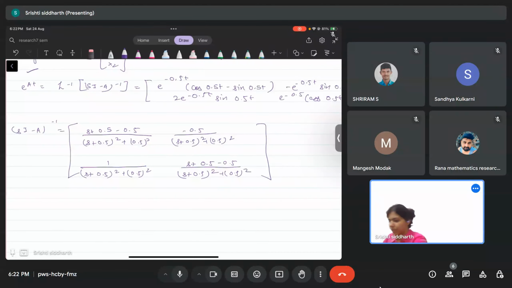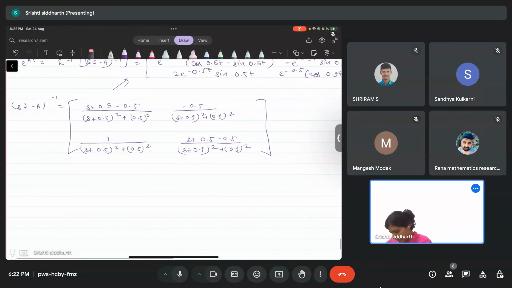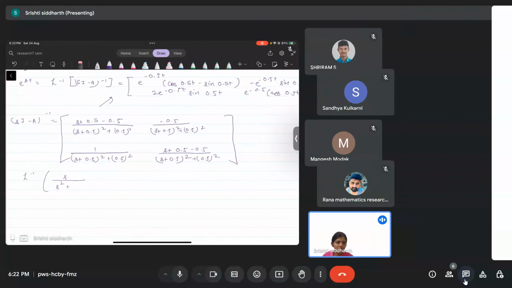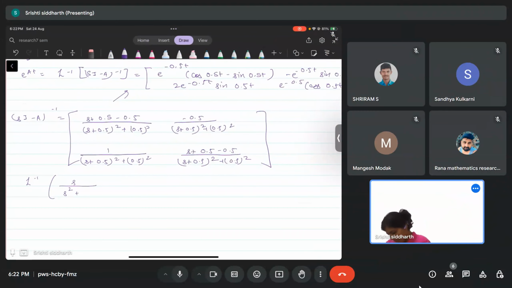Alright. So now we need to compute the Laplace inverse and get to y, right? So let's see. That means we need to remember this part. So alright.